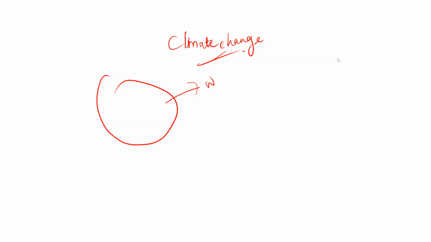In a particular place, if the weather is maintaining the same for 25 years, that is climate. Weather is nothing but the day to day change.